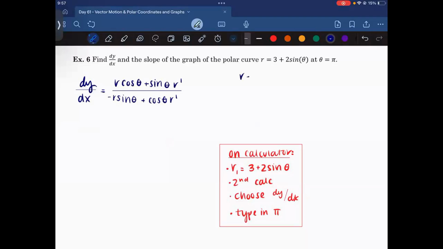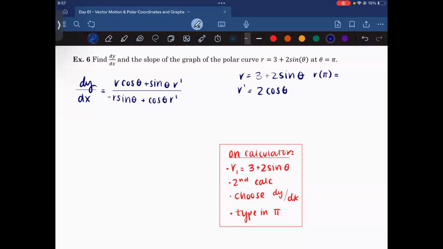We know r equals 3 plus 2 sine of theta. Take the derivative of that, and we have 2 cosine of theta.